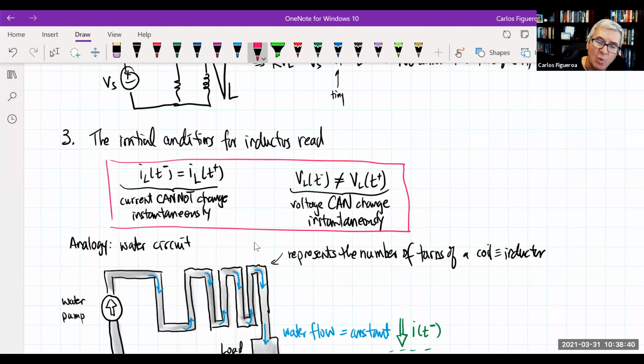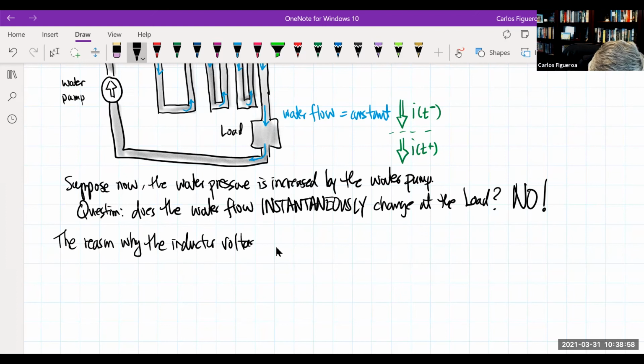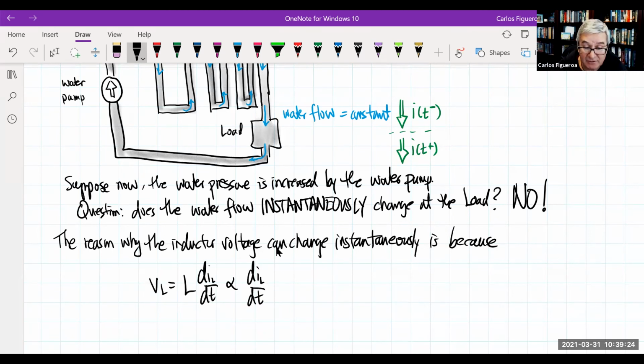And the reason why the inductor voltage can change instantly is because you see that this is proportional to what? The rate of change of the current.